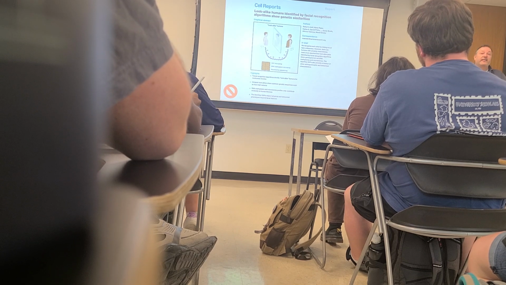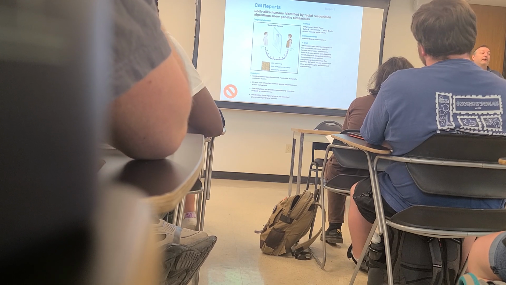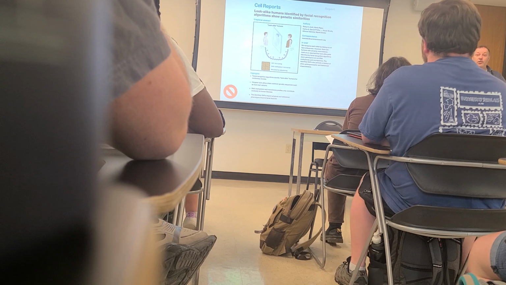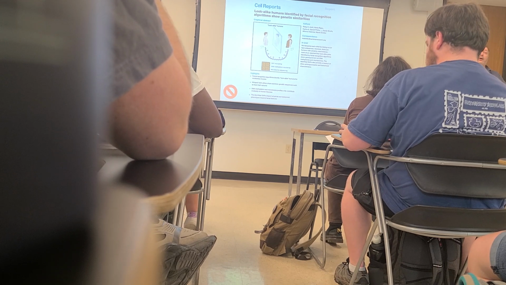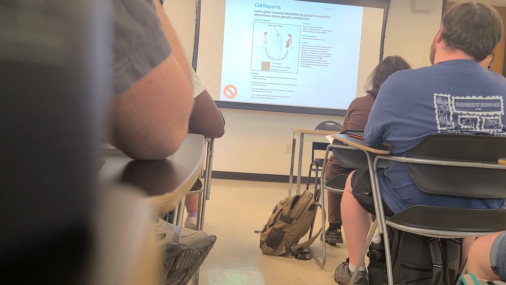Now this one is kind of fun. Has anyone ever seen their doppelganger before? Does anybody know what the doppelganger is? Someone that looks like you, but it's not you. Now if you have a twin, it doesn't count. A doppelganger is a genetically unrelated individual that looks like you.